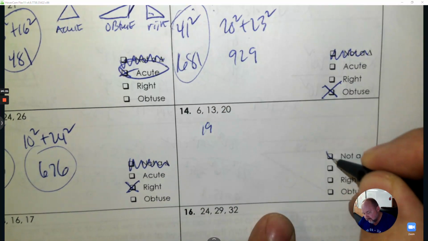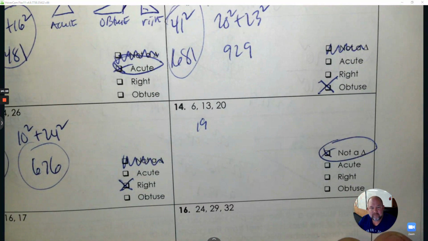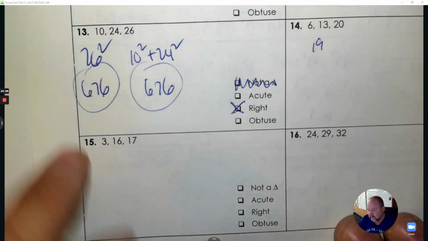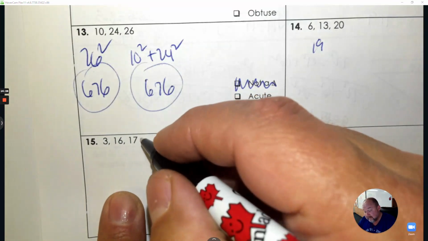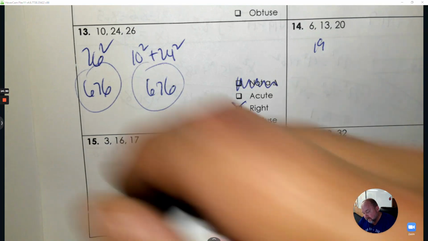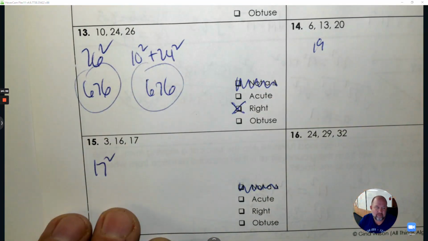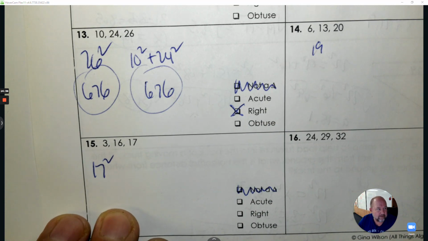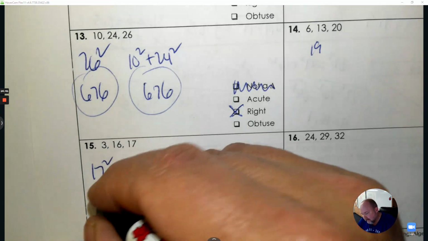All right, 6 plus 13 is 19. That's smaller. That means this is not a triangle. That's the first thing we test for. 3 plus 16 is 19. It is a triangle. And then I take the biggest side and I square it. It's 289.